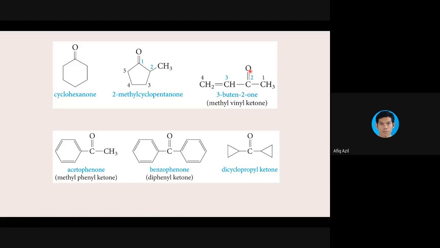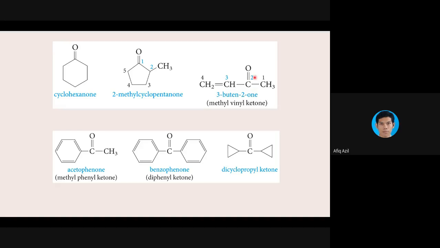We want to give number 2 to the carbonyl group. There are 4 carbons, so the name will be butanone, but then again there is a double bond over here. This double bond is at carbon number 3, so that's why it is written as 3-butenone.